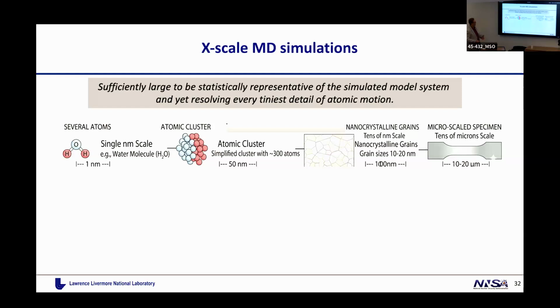Interestingly, this is the actual size of a simulation sample for in situ testing in the microscope, right? These samples need to be electron transparent, so it's like 100 or 150 nanometers thickness. That actually takes 1 trillion atoms. So we can simulate a visible object with a 1 trillion atom simulation right now.